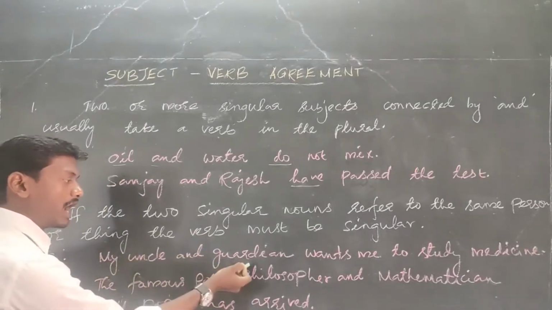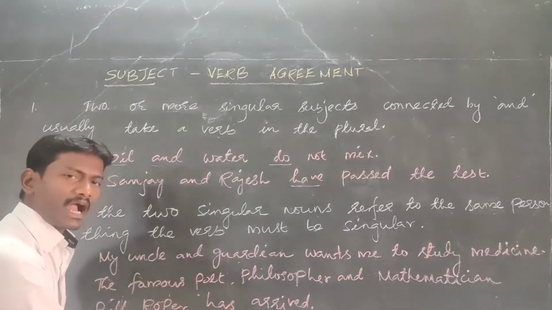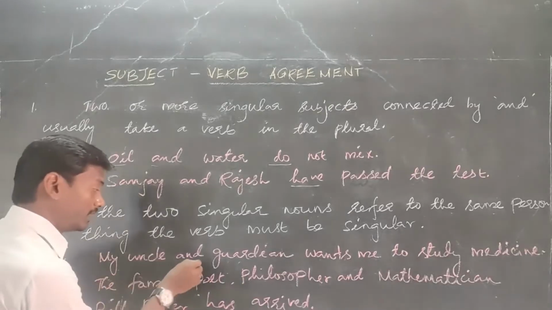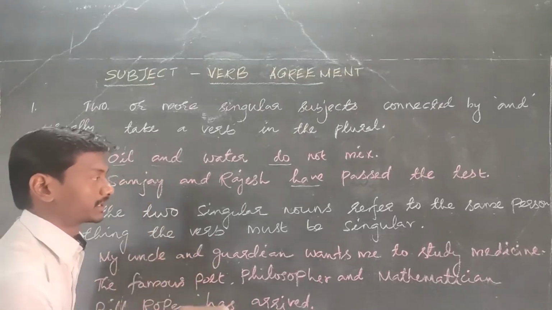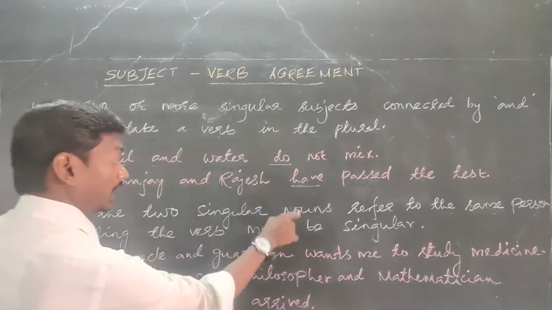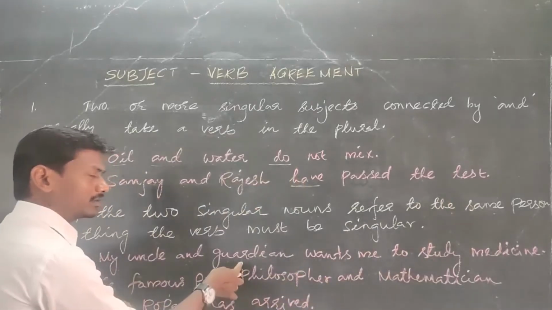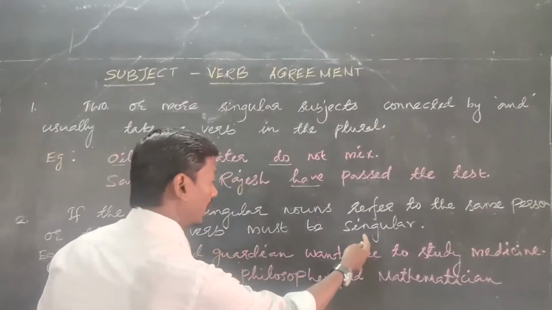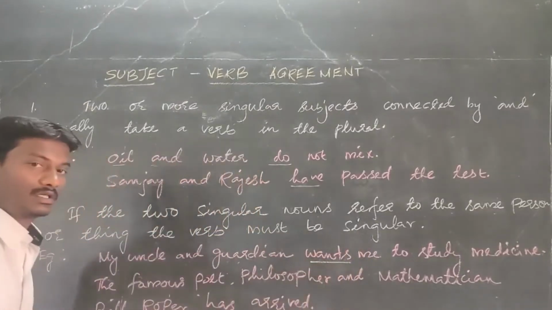It's connected by and, but two singular nouns refer to the same person. My uncle, guardian, both are the same person. So it takes a singular verb. That's why we have written here wants, a singular verb.